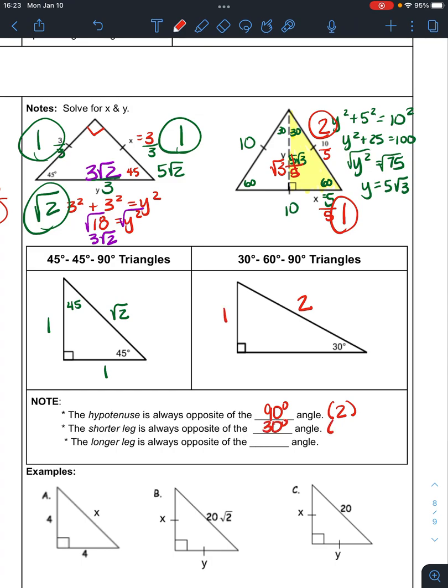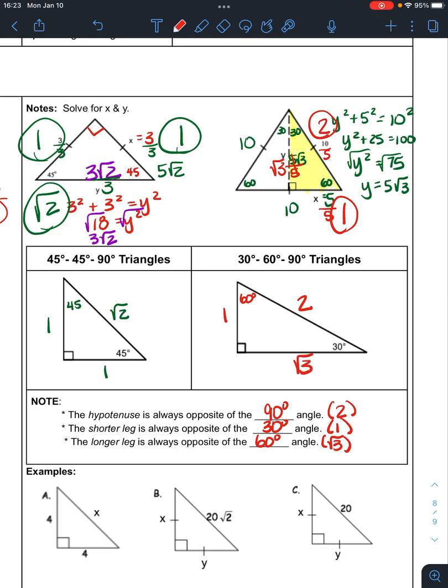That's where your 1 goes. And then your longer leg, which is your medium side, but there are 2 legs and 1 hypotenuse. You have your short leg across from the 30, you have your longer leg across from the 60, okay? And that's going to be your square root of 3. So that's where your root 3 goes.